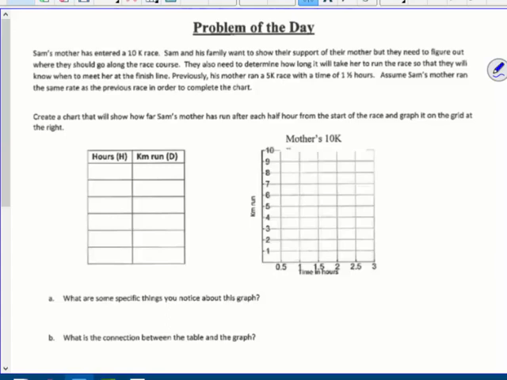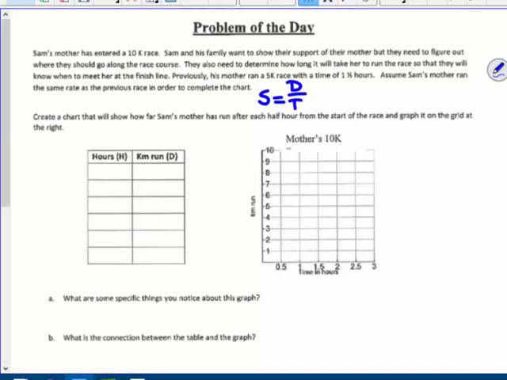Previously, his mother ran a 5K race with a time of 1.5 hours. Assume Sam's mother ran the same rate as the previous race, 5K in 1.5 hours, in order to complete the chart. So if she can run 5 kilometers, what is her rate of speed?